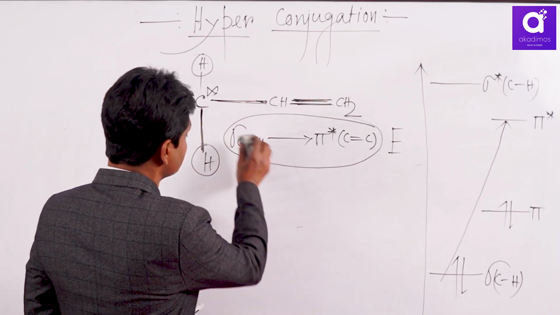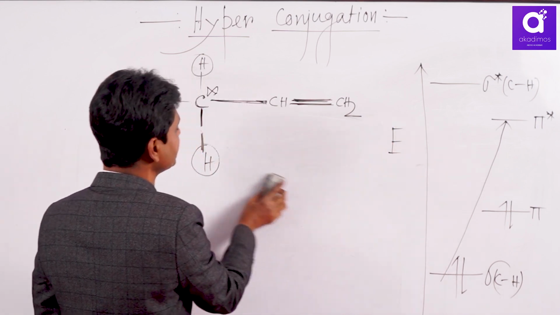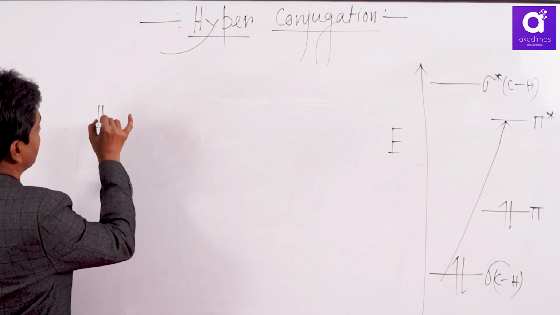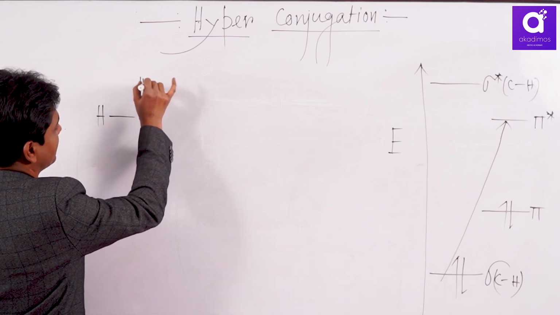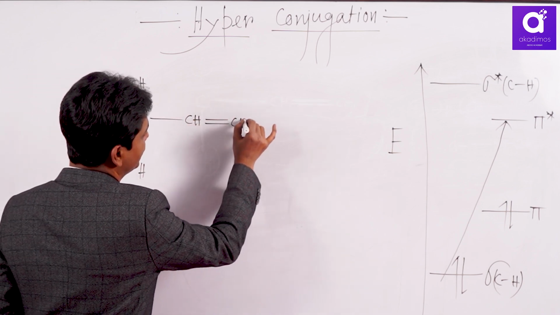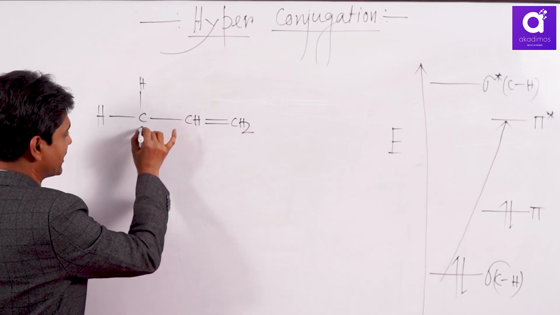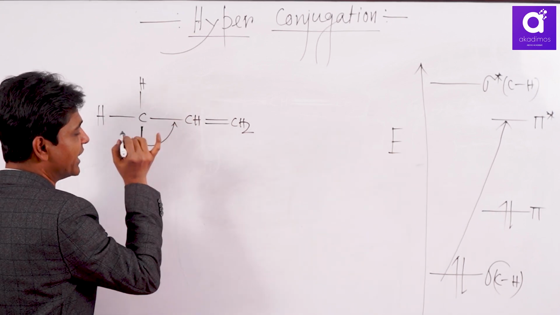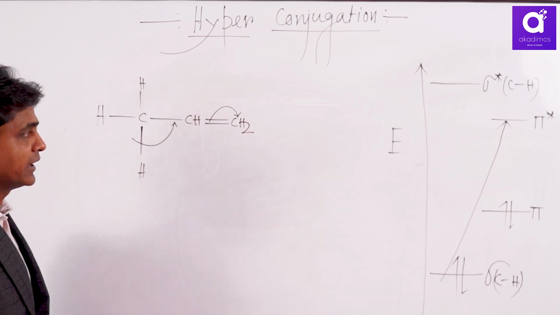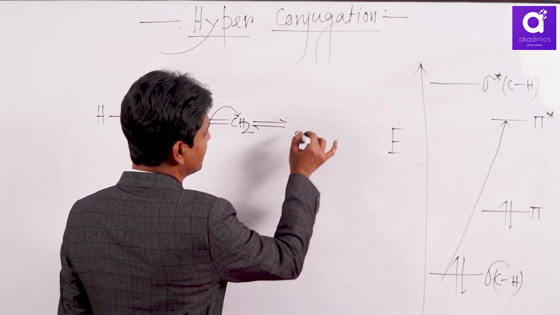Now, schematically, how do we show this hyperconjugation effect? I'll take this structure, propene, and as I told you, the additional bonding interaction, that is pi interaction, where the sigma CH attacks the pi anti-bonding of C double bond C. I am giving the reversible sign.